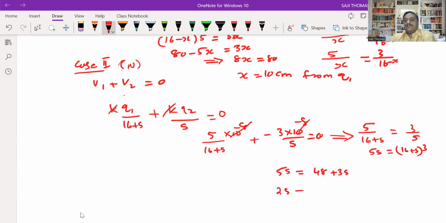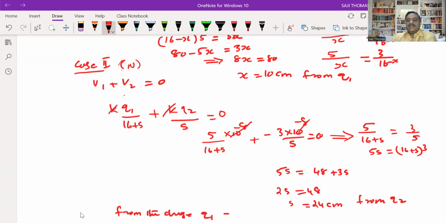So 2S will be 48. So S is 24. So this S is from Q2. So what will be the distance of the point N from Q1? It will be 16 plus S, is equal to 16 plus 24. It will be 40 centimeter.